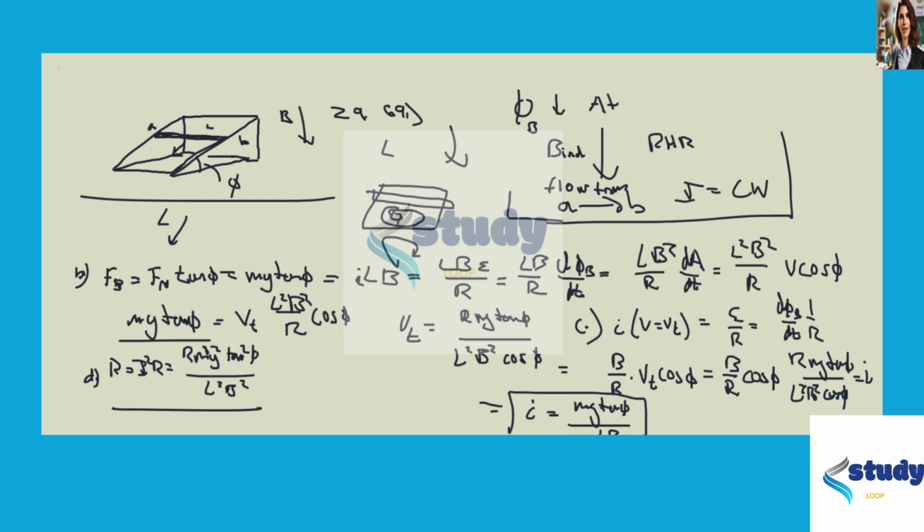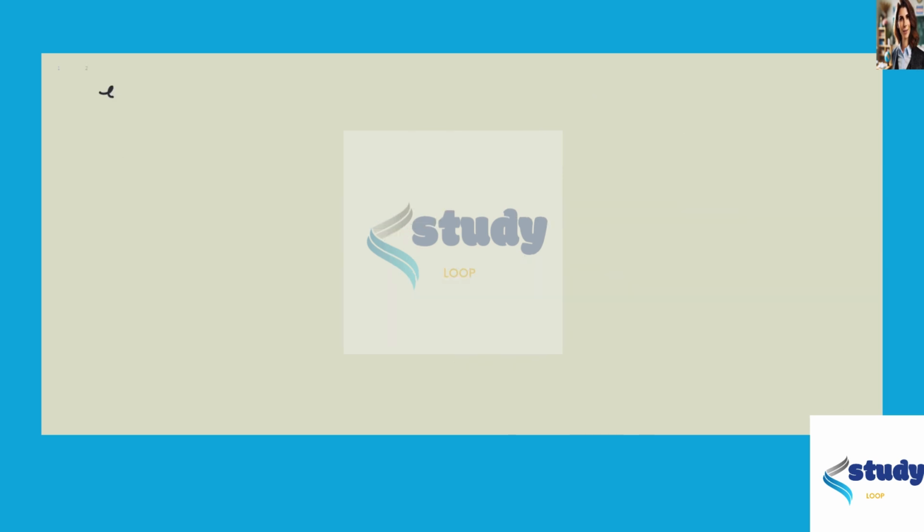And lastly, for part E, we want to find the power from the work that the gravitational force did on it. The power from gravity is F v times the cosine of the angle, which was cosine of 90 minus phi.